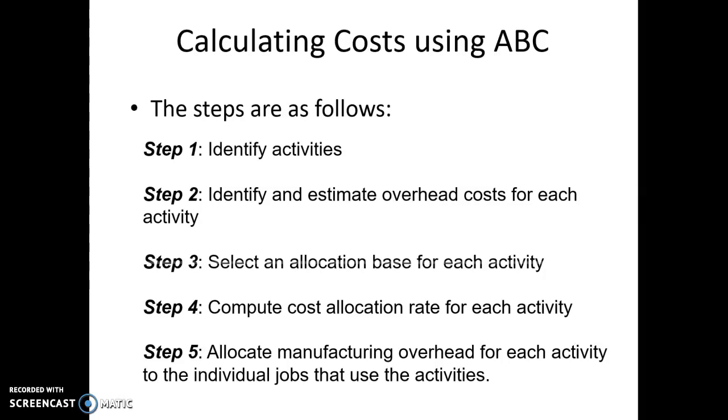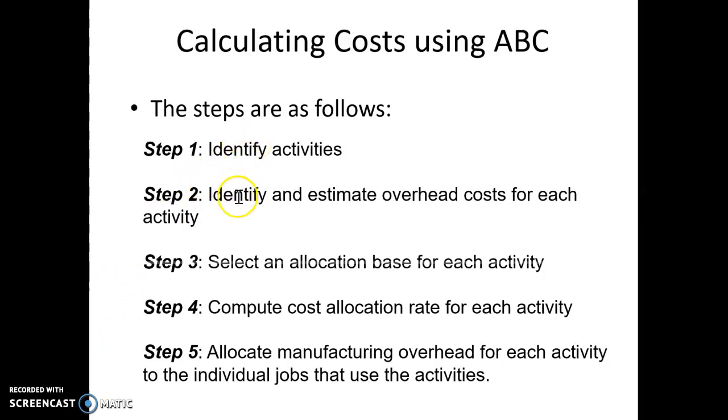And then you select an allocation base. So we were just looking at allocation bases of direct labor hours and machine hours, but now, since we've broken it down by activity, we can choose an allocation base that's going to more closely correlate with the way the costs are being incurred. And then we compute an allocation rate for each activity.